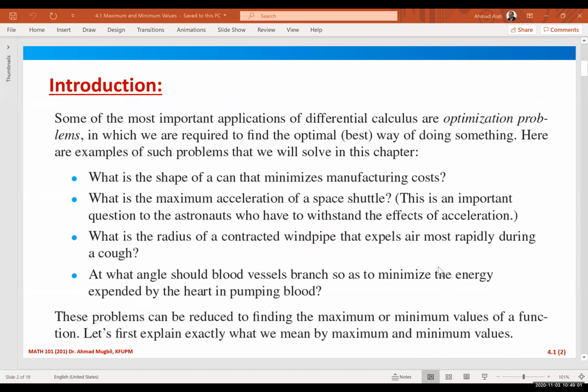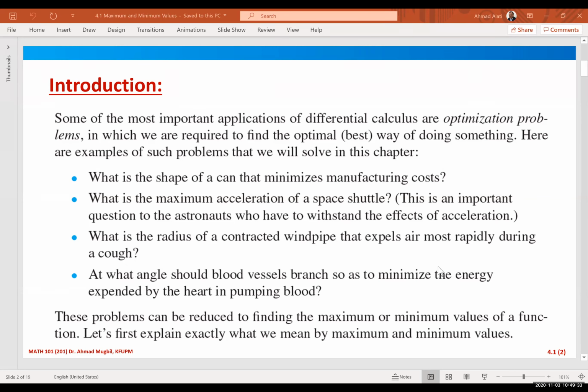Some of the most important applications of differential calculus, the derivatives, are the optimization problems. What are the optimization problems, shabab? They are problems in which we are required to find the best way of doing something, the optimal way. Like, what is the best shape that we can have to minimize the cost of any product? What is the best case that we can have the maximum acceleration for a car or for a space shuttle?